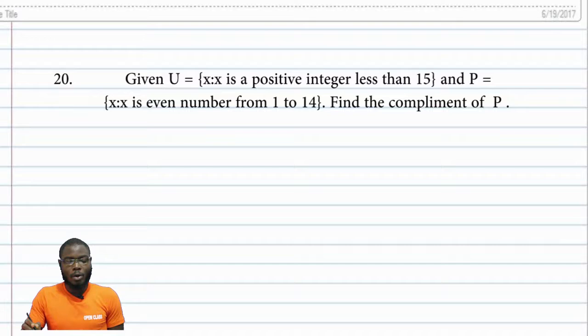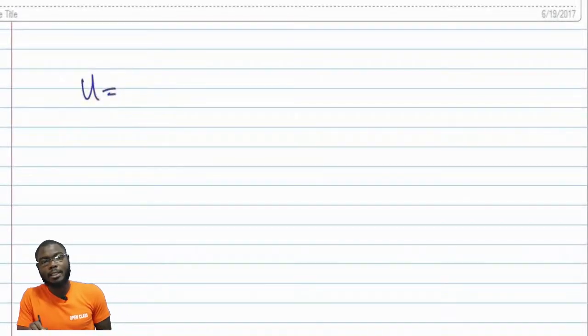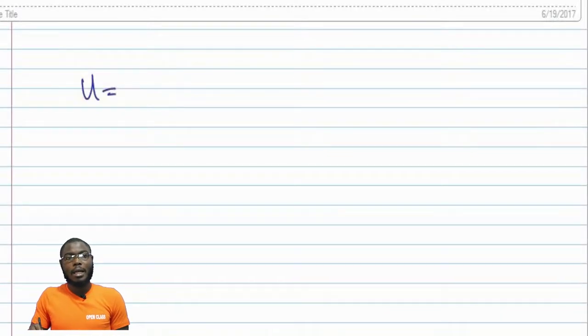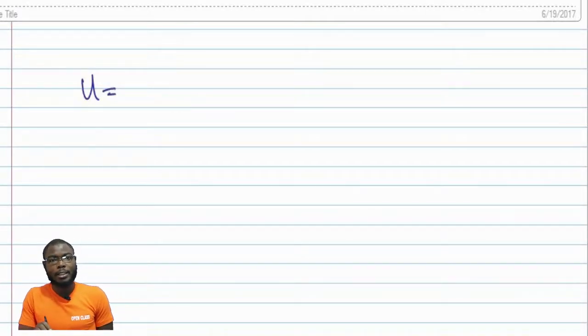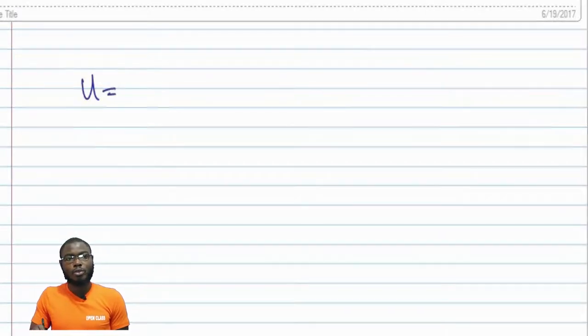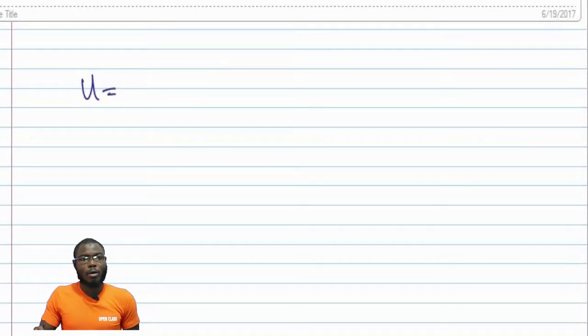That's the p prime. So you have your u is x, such that x is a positive integer less than 15, and then p is even number from 1 to 14. So find the complement of p.